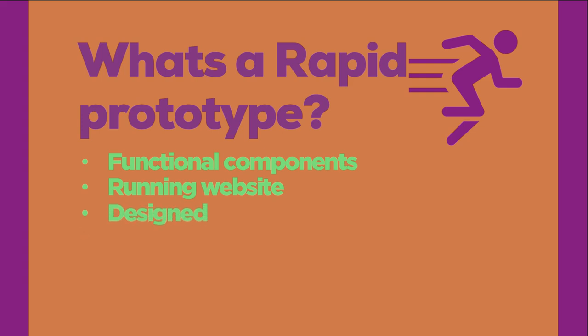And of course, it's designed, so it's made to look nice and fancy, so the user really sees what the end result is. And of course, it's rapid, so it's fast to develop, and we can see fast results. The user can see what kind of thing he's going to get, and he can try it.